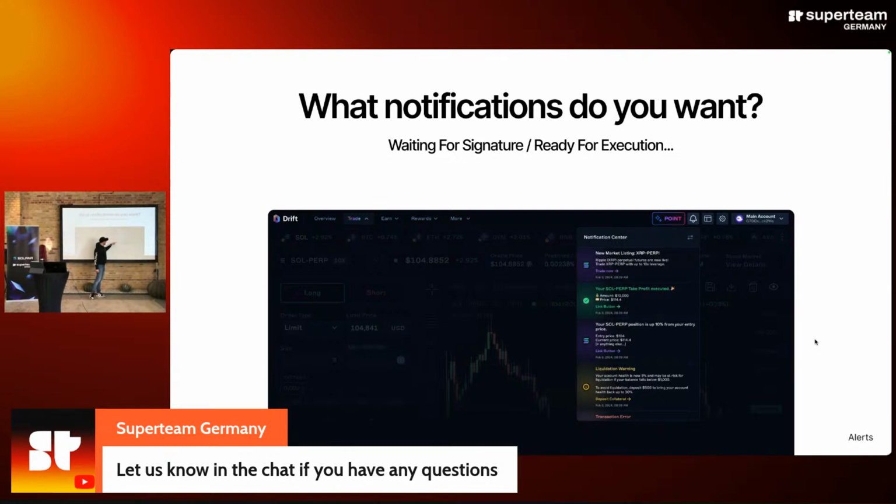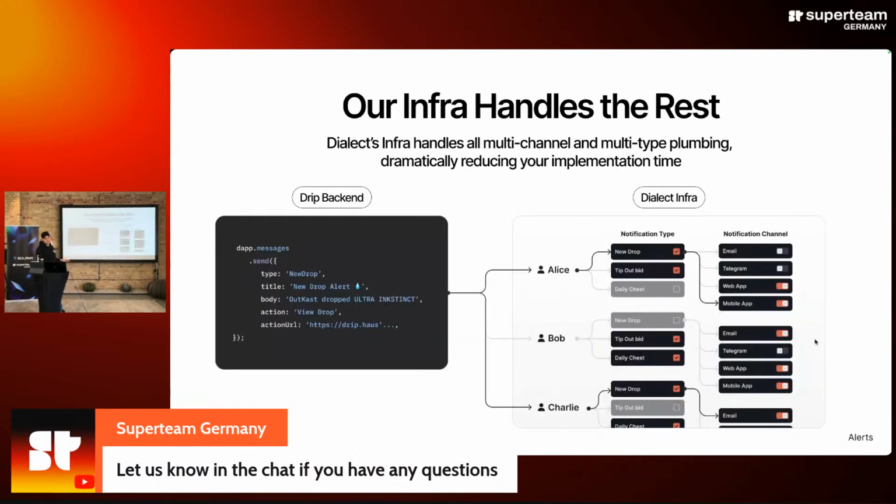Trade now, deposit collateral. These kinds of information are the call to actions, and you really just set it into this, let's say, object, and then you say .send, and it's going to send out. It's from your backend, and then our infrastructure basically does everything.